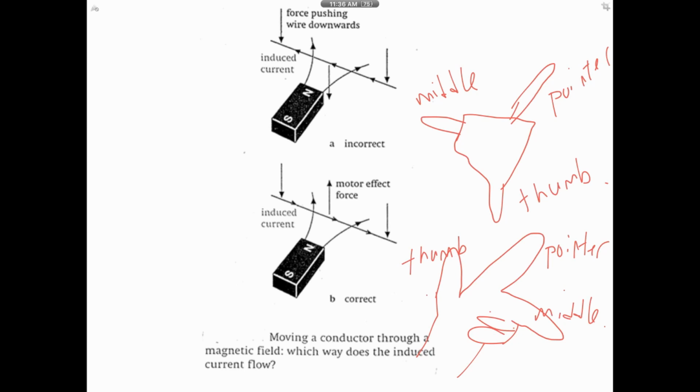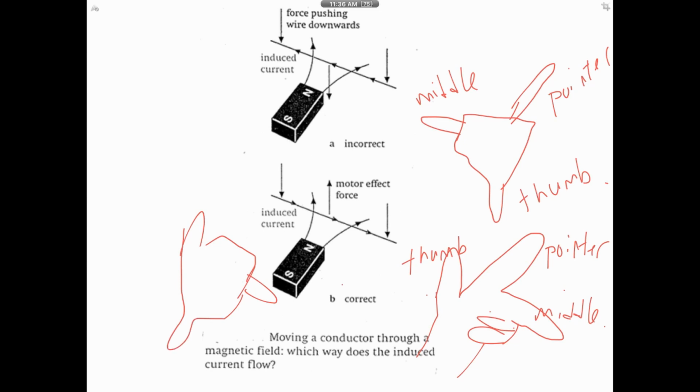I'm trying to draw. Only thing is, when I show out my right hand, I cannot wrap my left hand. So try to imagine. This is my pointer finger. This is my middle finger. And this is my thumb.